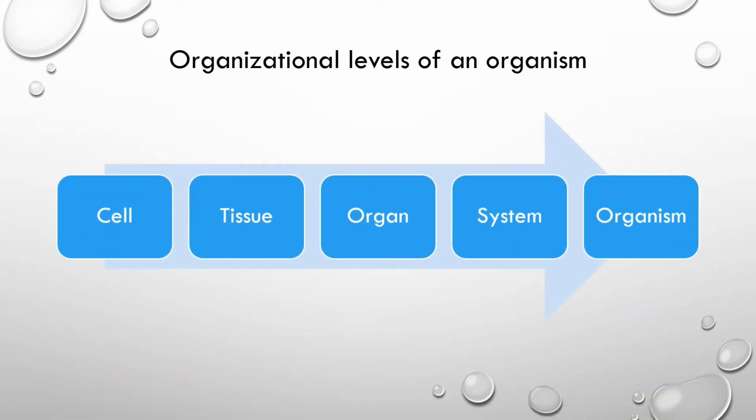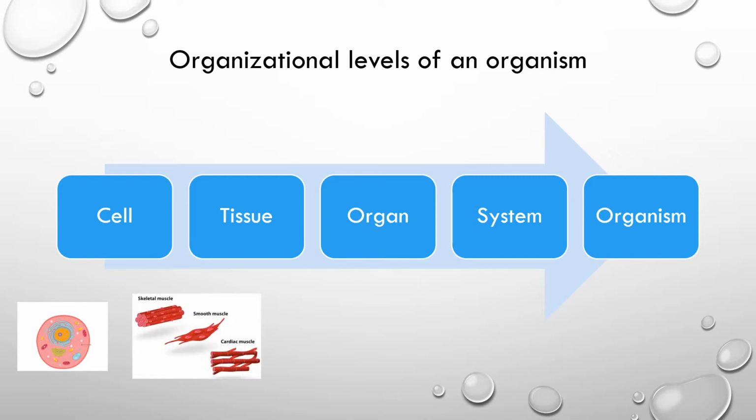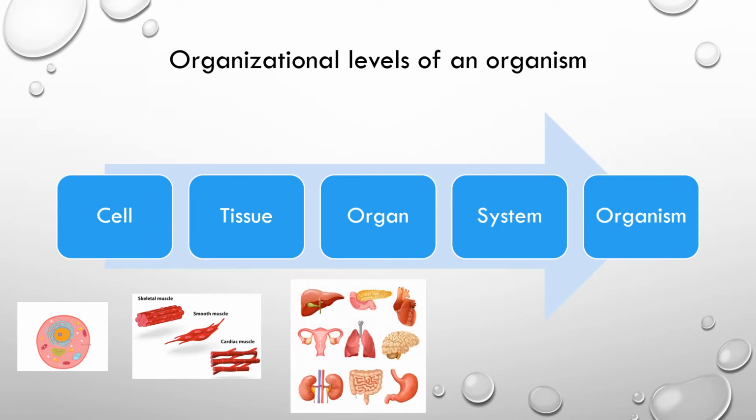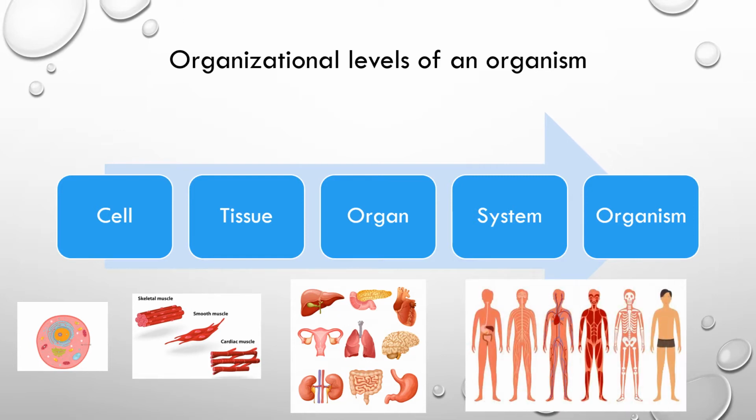This diagram shows the levels of organization that you can observe in a plant or in an animal. The cell is the basic unit of living organisms, and by combining, cells form different tissues. These tissues get together to form different organs which perform various functions, and these organs get together to form different systems, and these systems unite to form one organism.